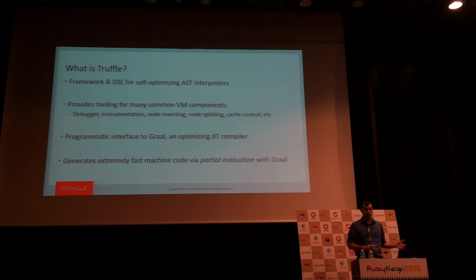But then they still have all the other stuff necessary to build out a language VM, like a debugger and whatnot. So the Truffle philosophy is you just build an AST interpreter, keep that very simple implementation, and we handle the optimization part for you. You maintain the simplicity of the AST interpreter by annotating a little bit, but you gain everything you would typically gain by building out a full language VM.